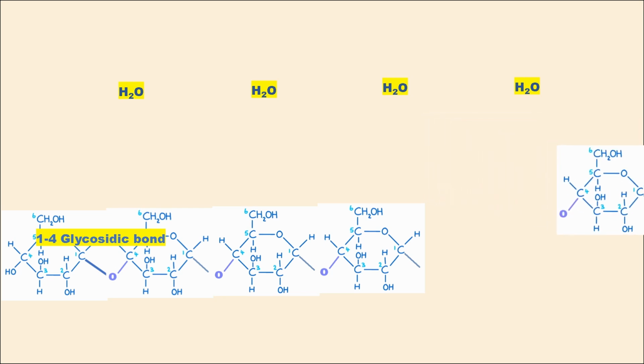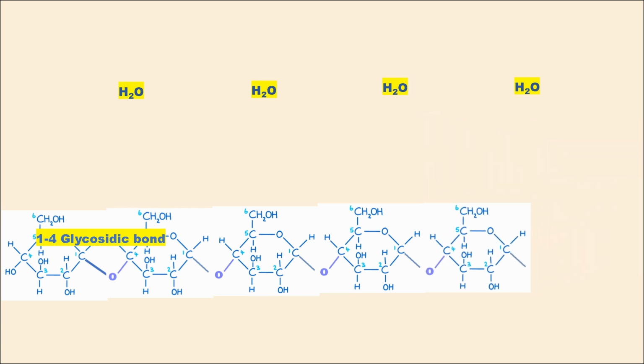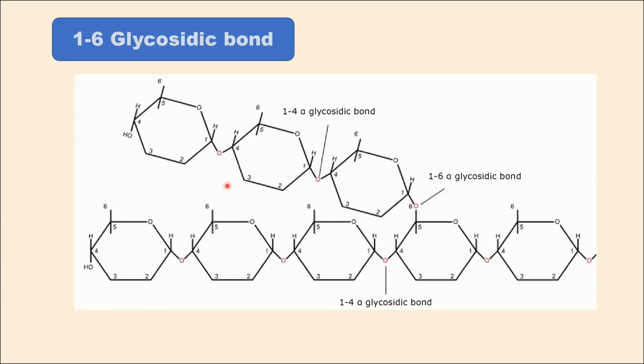Every time a monosaccharide is added, a 1,4-glycosidic bond is established, leading to the growth of the polysaccharide chain. And this is the fundamental way that polysaccharides are synthesized from multiple monosaccharides. During the formation of a 1,4-glycosidic bond, you will notice that the polysaccharide chain is linear and straightforward.